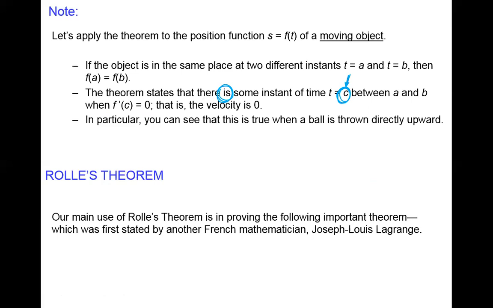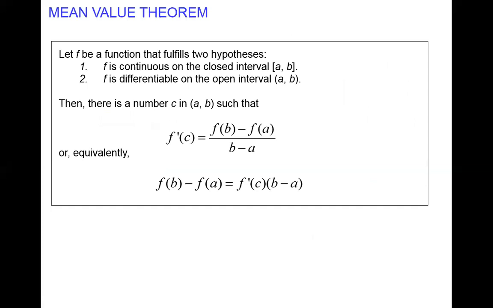Now we have another mathematician, the French mathematician Joseph Lagrange, and he defined this Rolle's theorem a little bit differently. It's almost the same, but with slightly different conditions, and we will call it the mean value theorem.